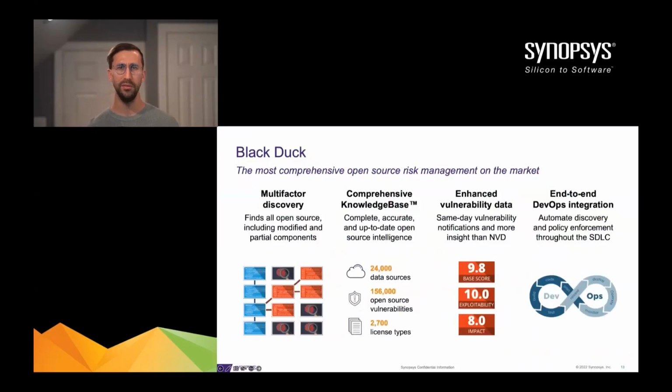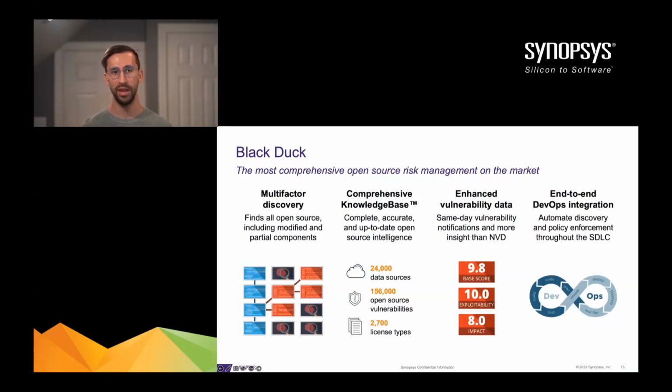If I can leave you with a few key takeaways on Black Duck, it is the most comprehensive open source risk management on the market. It has multi-factor discovery to find all of the open source in your applications and projects, which is critical to building that comprehensive bill of materials. Black Duck has the most comprehensive knowledge base of vulnerability, license, and operational data on these open source components that you use.